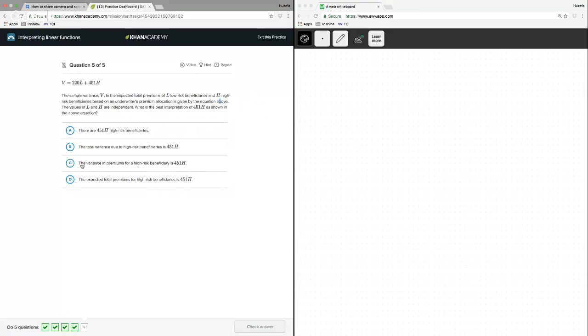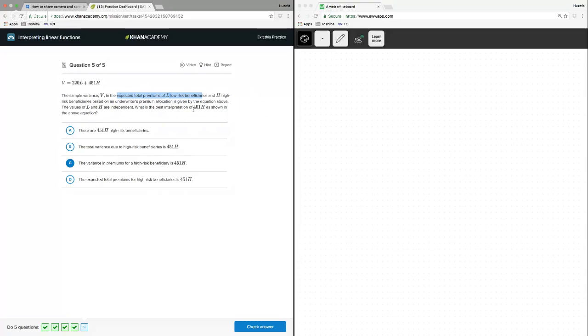All right. Full disclosure, I'm not 100% sure. The language is confusing me a little bit. I'm feeling like it's going to be this one. They use the term expected total premiums of L here, and they put total down in B, and they put premiums down here.